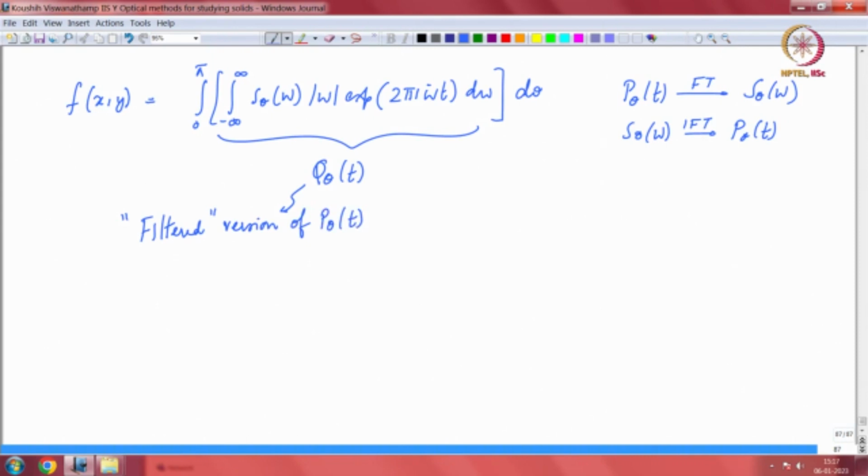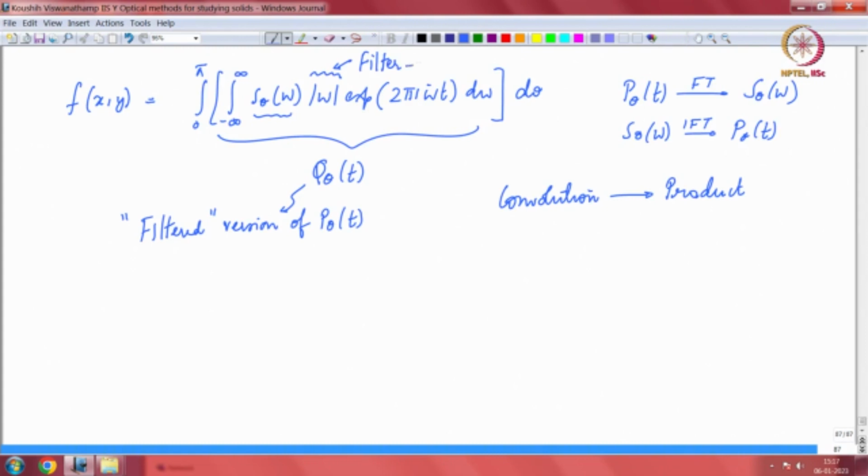There is a property of Fourier transforms which we have not really touched on here, which is that if you have a convolution integral, and again I am just going to mention it, it needs a little bit of discussion: a convolution of two functions in real space becomes a product in Fourier space. So, this is like a filter that is being applied before you take the inverse transform.